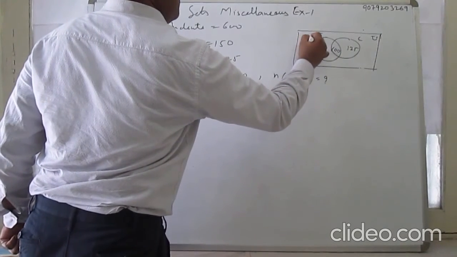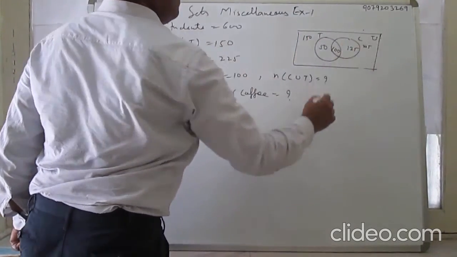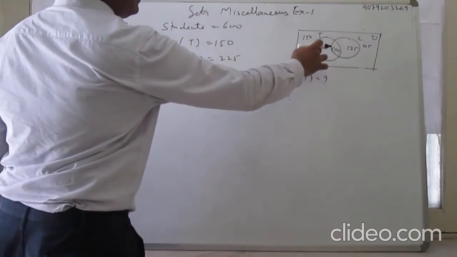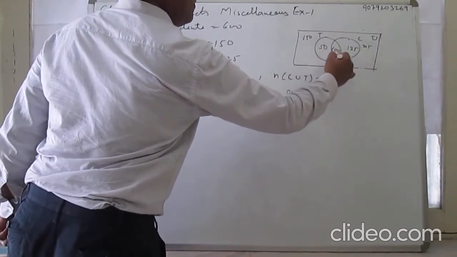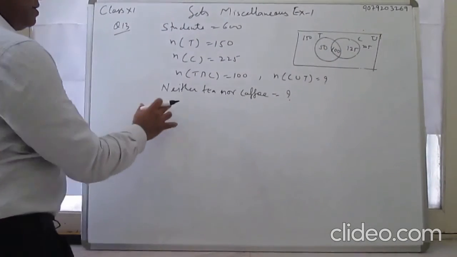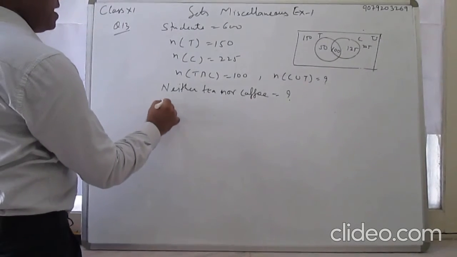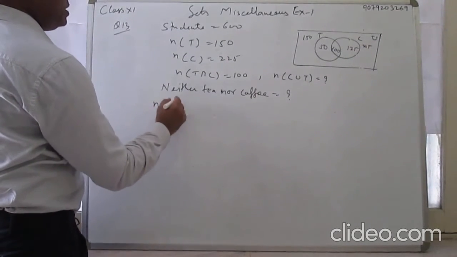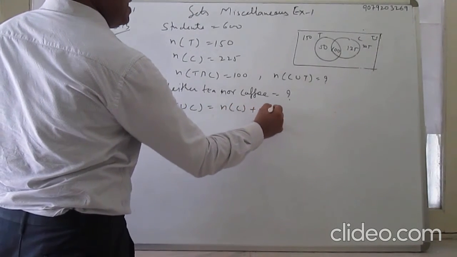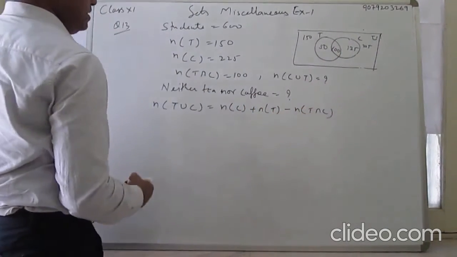Check it: tea with both will be 150, and coffee with both will be 225. Now we can apply this also. The persons taking tea or coffee are these three added: 50, 100 and 125. Now see the mathematical solution. n(T union C) is equal to n(C) plus n(T) minus n(T intersection C).